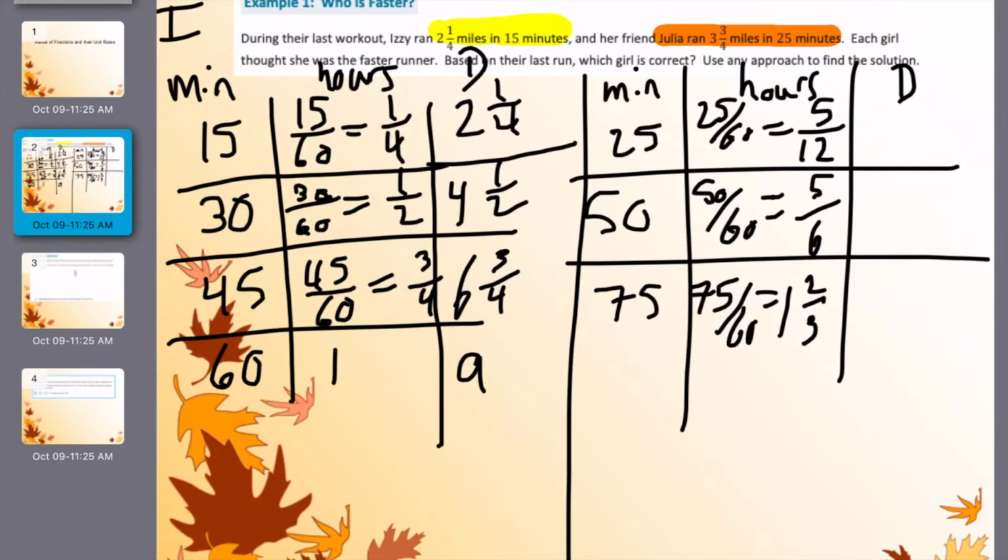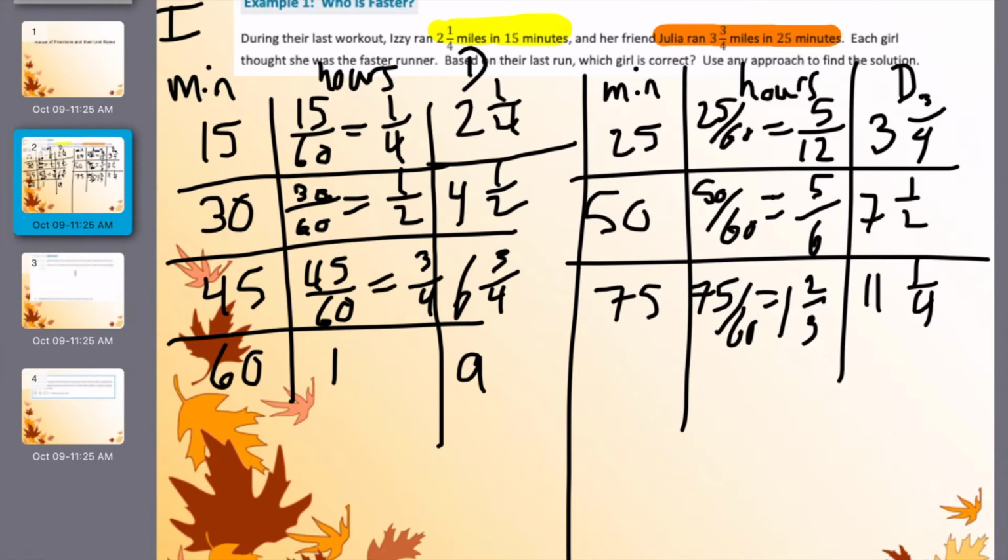And I know that the distance for Julia is 3 and 3/4 miles for 25 minutes. If I were to double that, I'm going to get 7.5. And if I were to do that times 3, that's going to be 11 and 1/4.